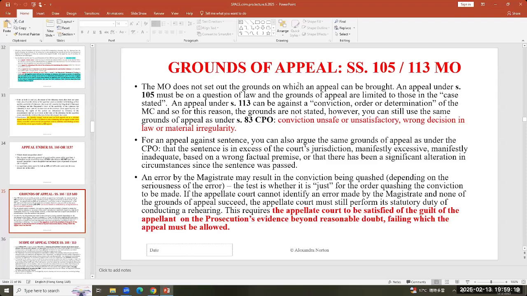So you can argue that the conviction is unsafe or unsatisfactory. It was a wrong decision in law or material irregularity, that the sentence was outside of the court's jurisdiction, manifestly excessive, manifestly inadequate, was based on wrong facts, or that perhaps the tariff or guidelines that were in place have been significantly altered since the sentence was passed, usually downward.